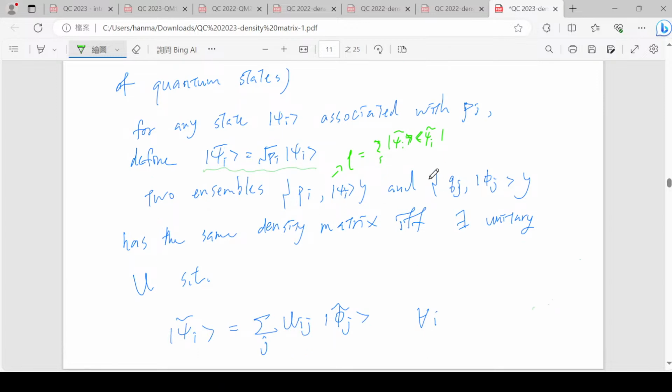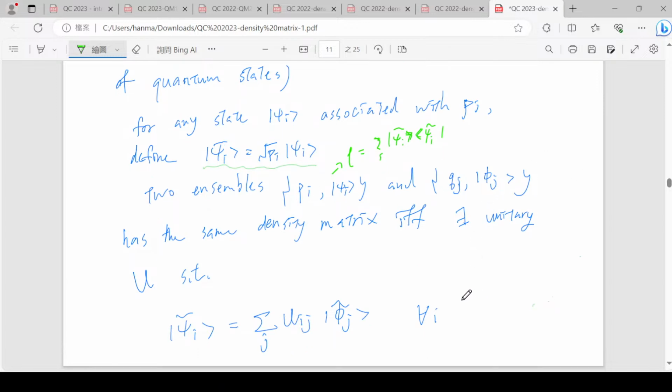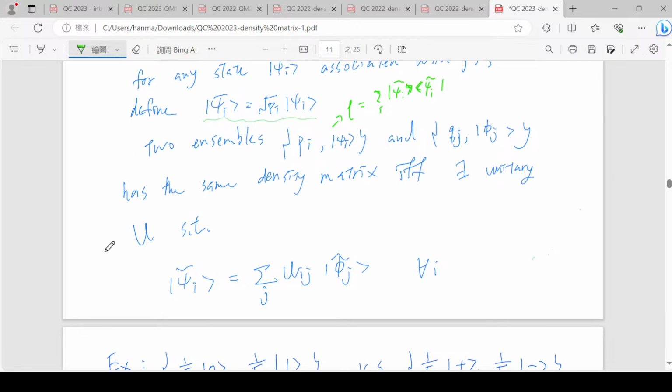So with this notation, back to what we're trying to describe. We want to describe whether those two ensembles have the same density matrix. We say they have the same density matrix if and only if all those psi tilde are related to those phi_j tilde in a nice way. That is, if you can find a unitary matrix, and here the unitary is actually important, such that psi tilde is a unitary transformation on the phi_j tilde.